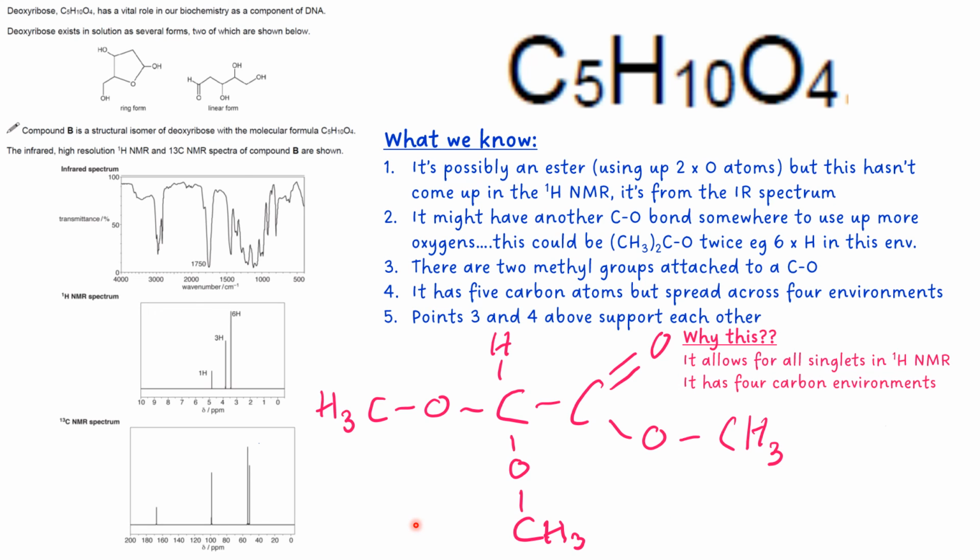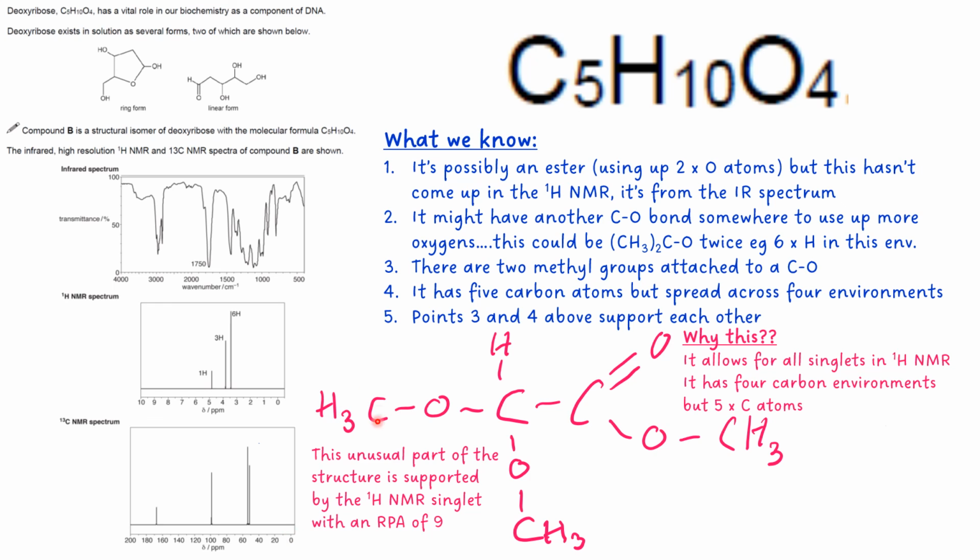There's no doublets or triplets or anything like that. It has 4 carbon environments, 1, 2, 3, and 4 there. But it's got 5 carbon atoms, 1, 2, 3, 4, 5. The unusual part of the structure is supported by the hydrogen NMR singlet with a relative peak area of 9.